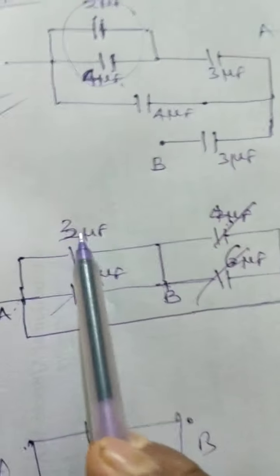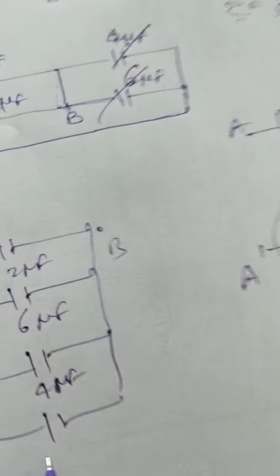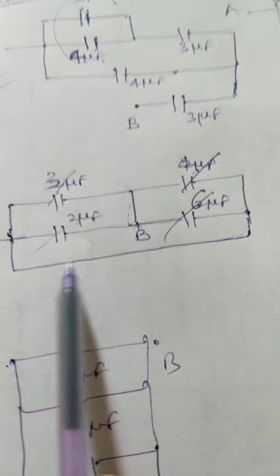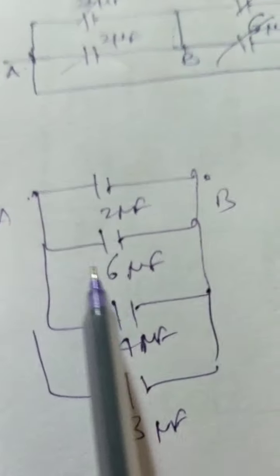Now the last, 3 microfarad, is connected between A and the second plate to B. Now look at this figure, these are the 4 capacitances.